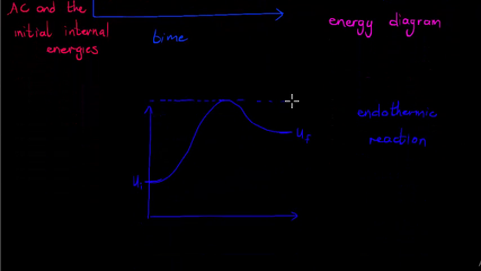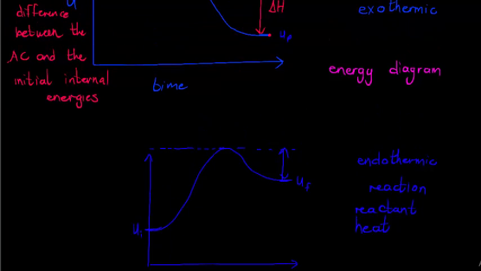Here, that is the difference. The difference between the activated complex and my final potential energy in this case is higher than the difference between my initial energies and my activated complex, which means that heat is a reactant in this equation. I need to add heat into this equation.